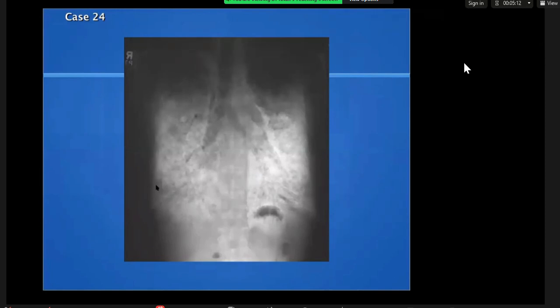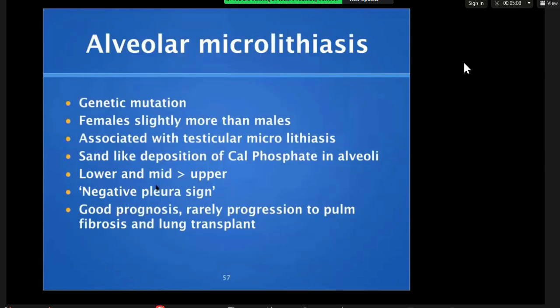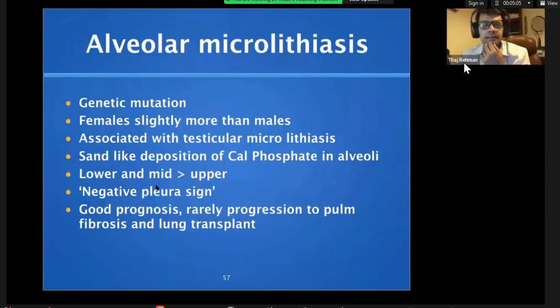I ran out of bright ideas. I don't know. Sorry. Pulmonary alveolar microlithiasis. So this is an advanced degree of pulmonary alveolar microlithiasis, and the condition is a genetic mutation. Females are affected more than males. They are associated with testicular microlithiasis.